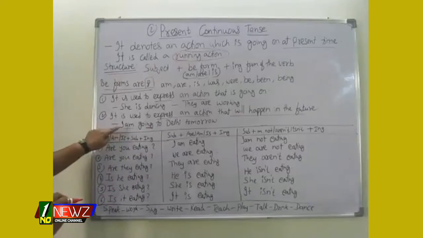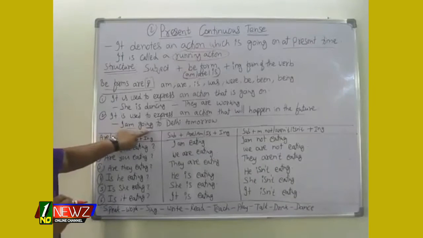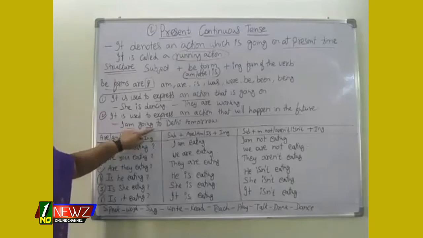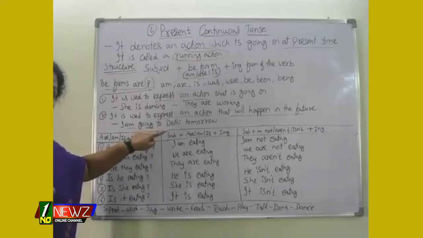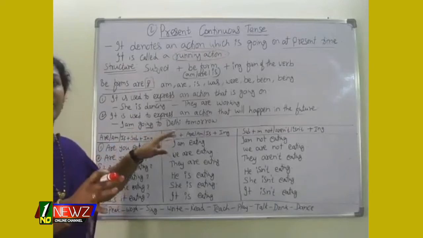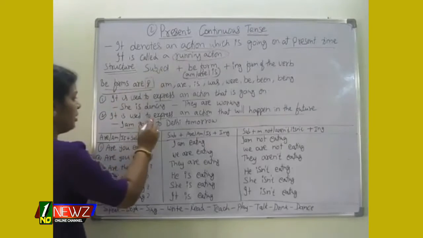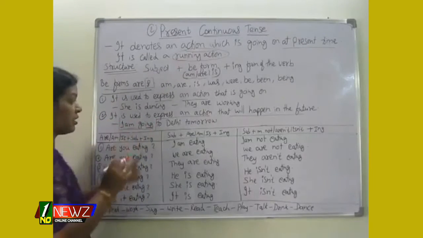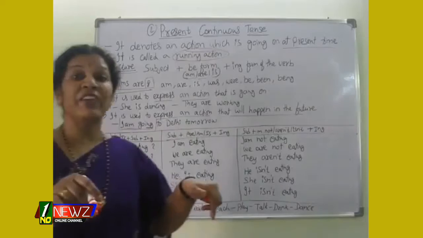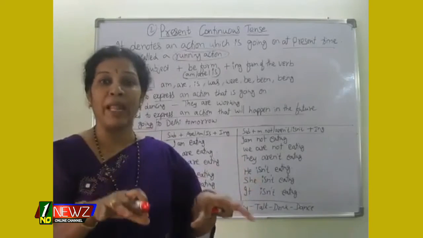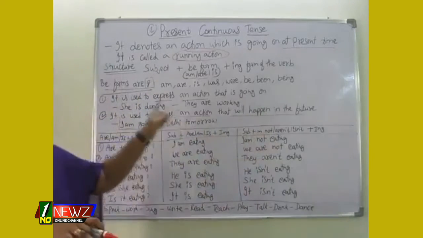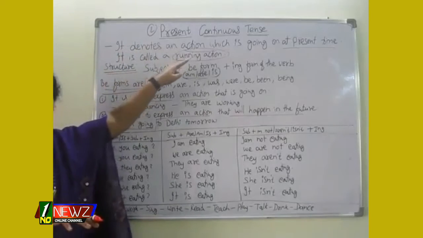Though we are going to Delhi tomorrow, still it comes under the present continuous tense. Going tomorrow, it is already prefixed. It's already decided, planned. So that is why it comes under the present continuous tense.